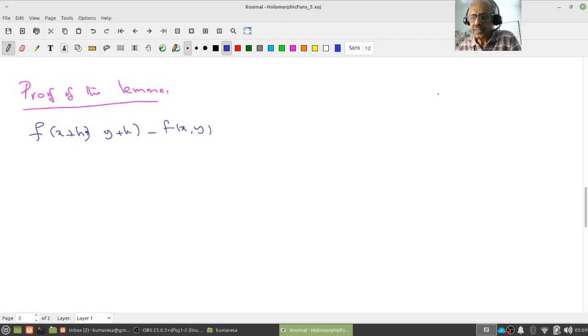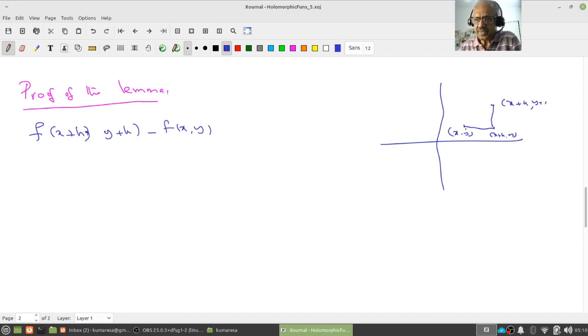What is the trick? The trick is very simple. Suppose my x, y is here. I'm just drawing, although h and k are positive, so x, y is in the first quadrant, etc. But that need not be the case. Therefore, you can go up to x plus h, y here.